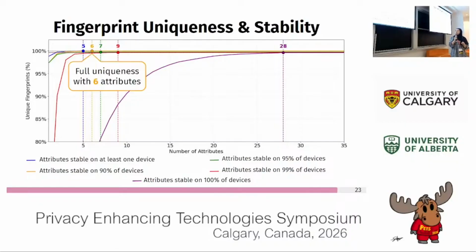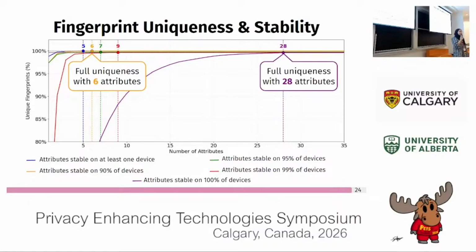For instance, with attributes that are stable on 90% of devices, we need only 6 attributes to reach full uniqueness. And even when being very conservative, by considering all the attributes that are stable on all devices in our dataset, we can reach near full uniqueness with only 28 attributes. So we can say that small sets of stable, permissionless, and discriminative attributes lead to identifying all devices in the dataset.